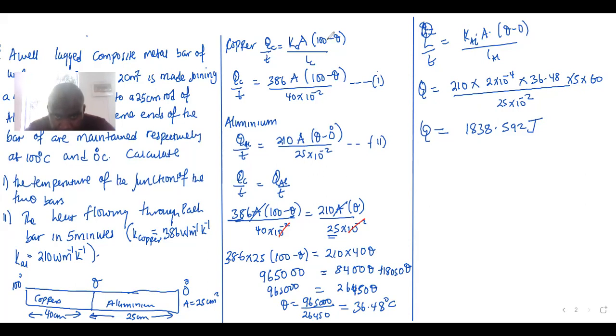386 times 25 gives? 9,650. 10 times 100 on theta. 386 times 25 times negative theta. 386.